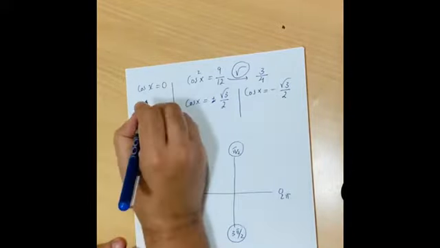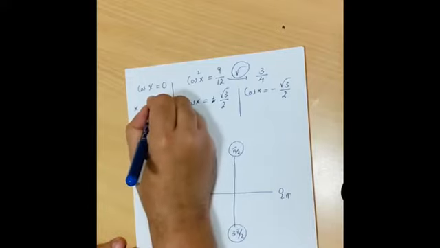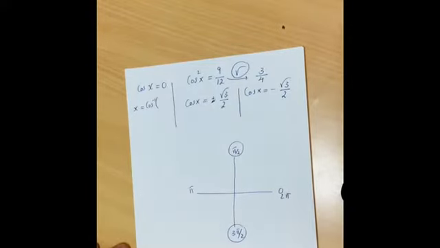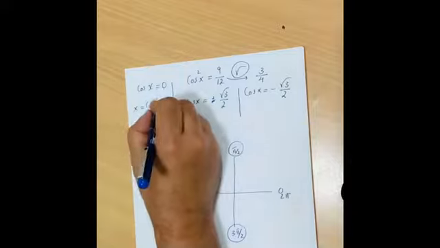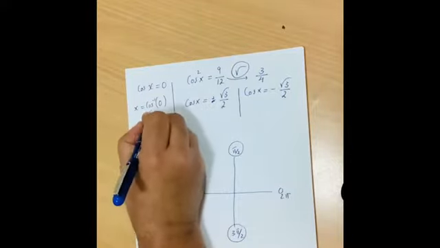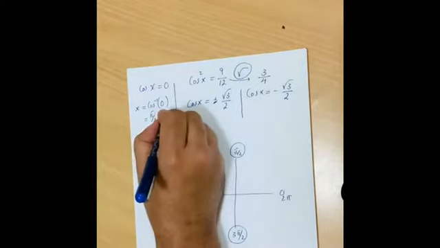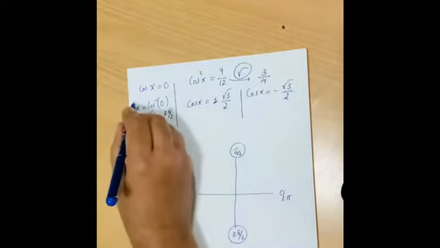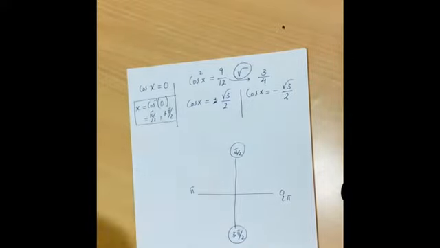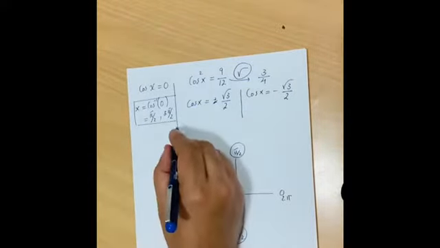Remember, I told you to set the calculator to radian notation. Inverse cosine of 0, the answer is pi over 2. So two angles will give you cosine equal to 0: pi over 2 and 3 pi over 2. These are the two angles.